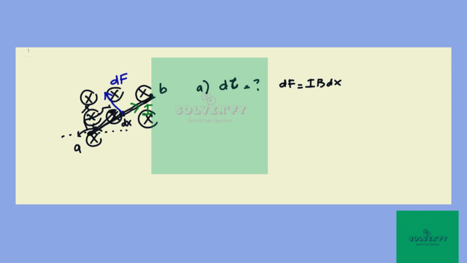So then when we're writing the torque, it would be x times this dF. Remember, the torque is r cross F, so that's where it comes from. In our case, we have the x, dF, then is our differential torque. So then x I B dx would be the final answer as far as part A is concerned.